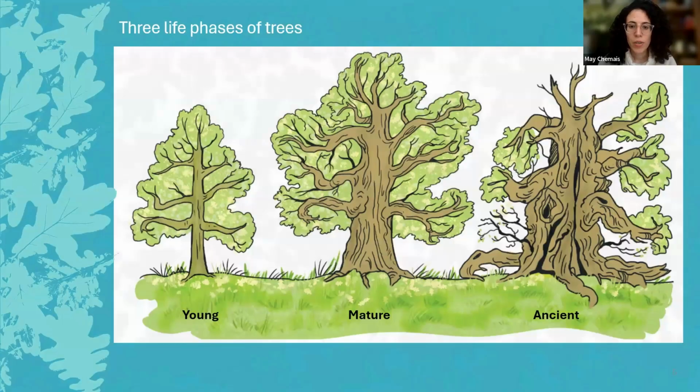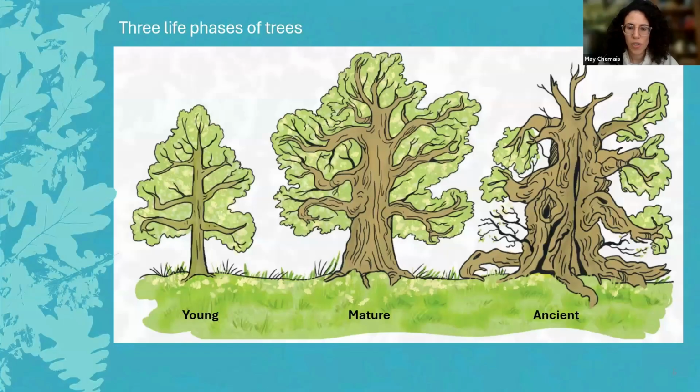But we start to think of a tree as ancient once a tree has reached beyond maturity into the ancient life phase, or the third life phase. So it's basically older in comparison to other trees of the same species, and there are telltale signs of that. The tree will start to do some interesting biological things that you can see already in this drawing.